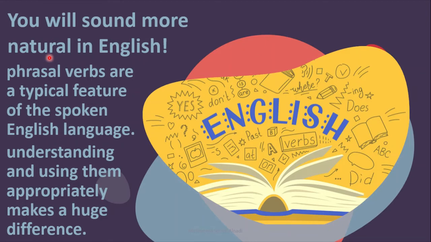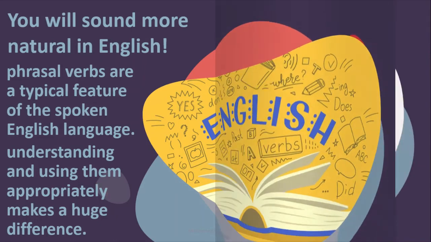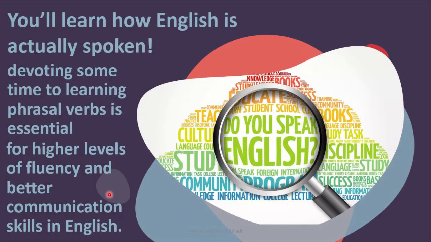As mentioned here, phrasal verbs are a typical feature of the spoken English language, and understanding and knowing how to use them correctly or appropriately makes a huge difference, without a doubt.